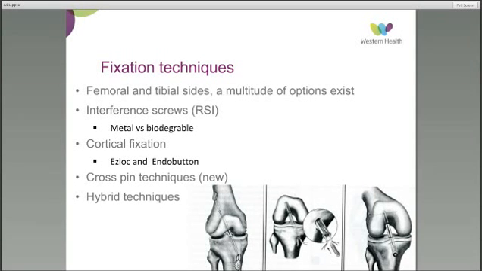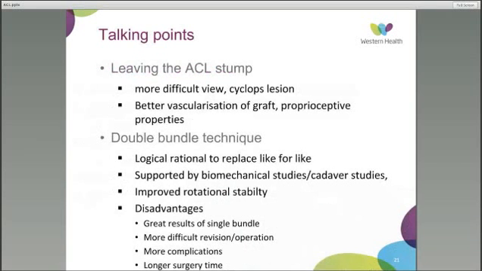Hamstring weakness is seen with hamstring harvest. Saphenous nerve injury can be seen, and there's a risk of infection with any operation, but the risk of autograft viral transmission is approximately 1 in a million.